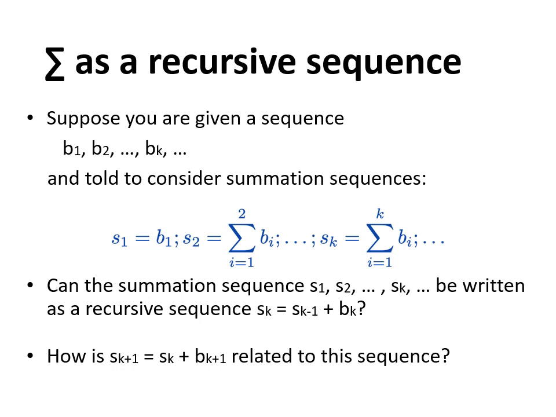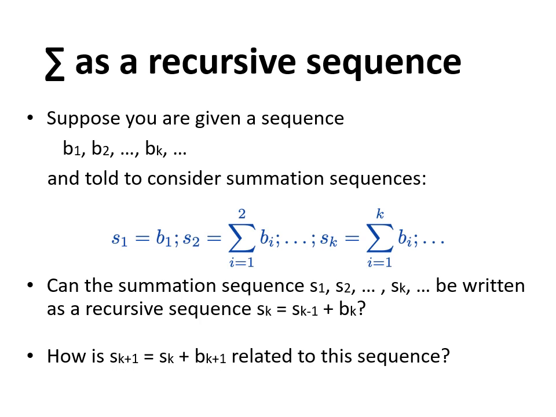Okay, so next we are going to look into how we can express sums as a recursive sequence. So suppose we are given a sequence b1, b2, bk, and so on, and we are told to consider the following summation sequences, where s1 is equal to b1, s2 is the sum from i equals 1 to 2 of b i's, and sk is the sum from i equals 1 to k of b i's.